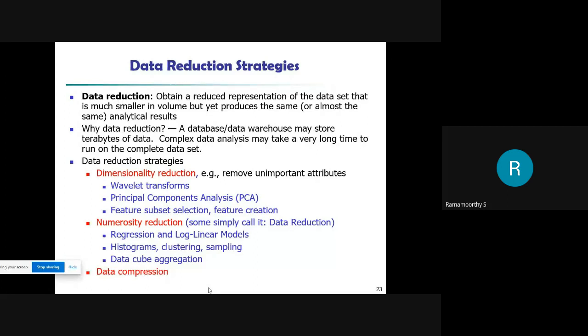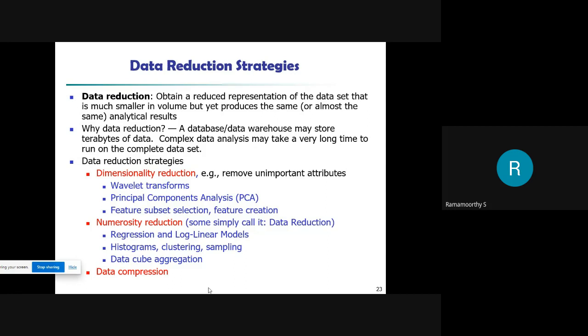And data cube aggregation. In the initial discussion, we discussed how to create the data cube and how to perform various operations over the data cube. One of the operations is data cube aggregation, so that can also be used under this type of reduction.